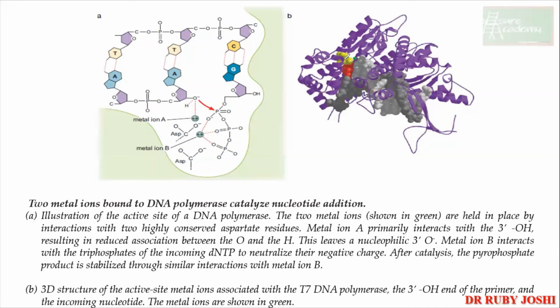The green color metal ions. दिख रहा है क्या आप लोग को यहाँ पे? Now this colored is your DNA polymerase. Okay. This gray is your DNA. Can you see the helical? The dark gray is the template and the light gray is the primer.